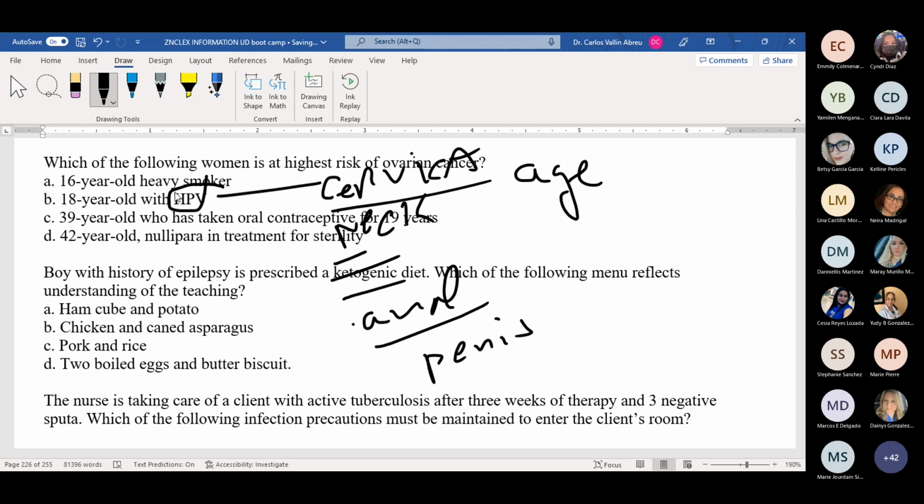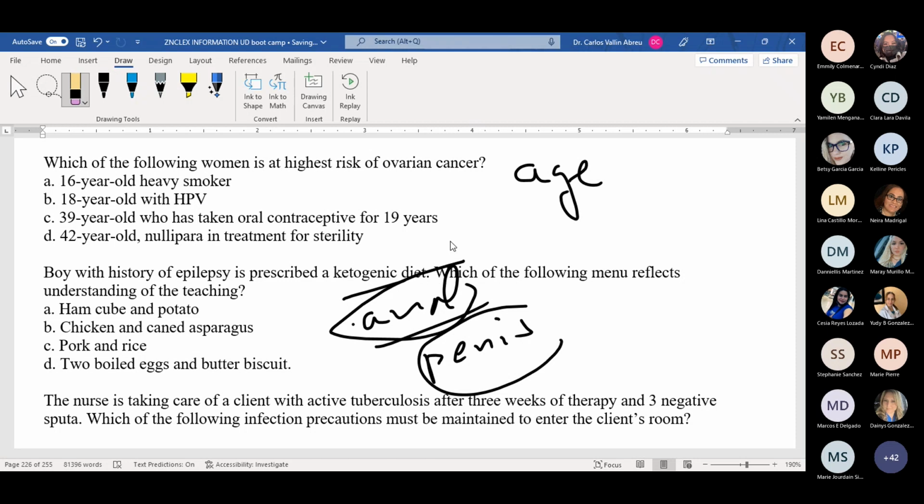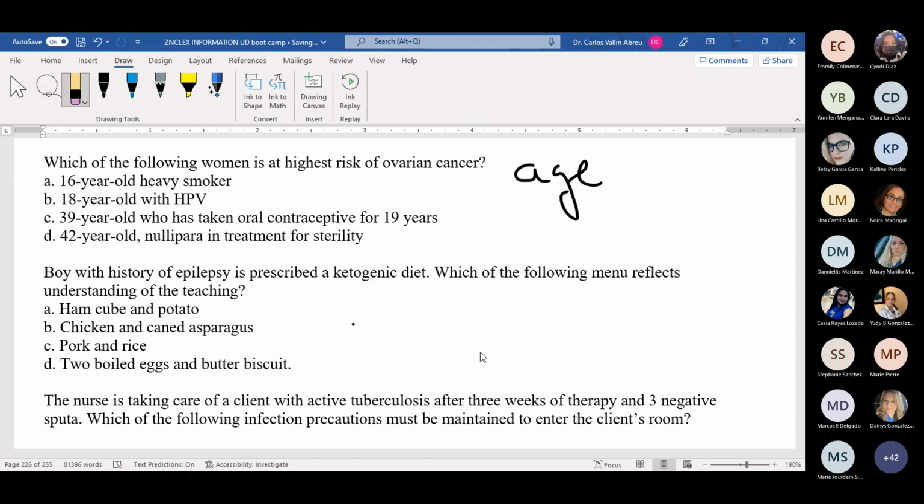So remember, human papillomavirus causes cancer in the cervix of the uterus, the penis, the anus, and the mouth, throat, tongue, and neck. It is a preventable cancer. Avoiding the virus, you prevent those cancers, and there is a vaccine for that. It is a sexually transmitted disease.